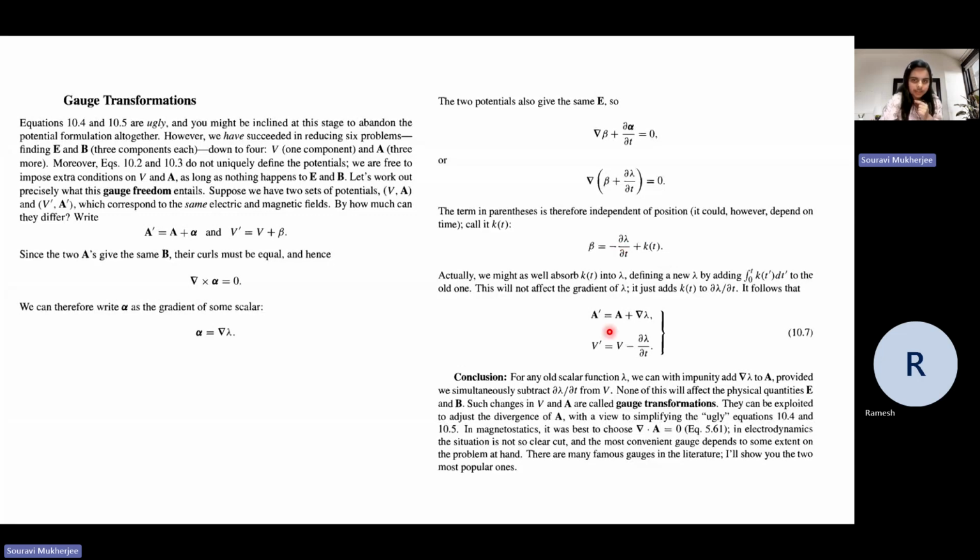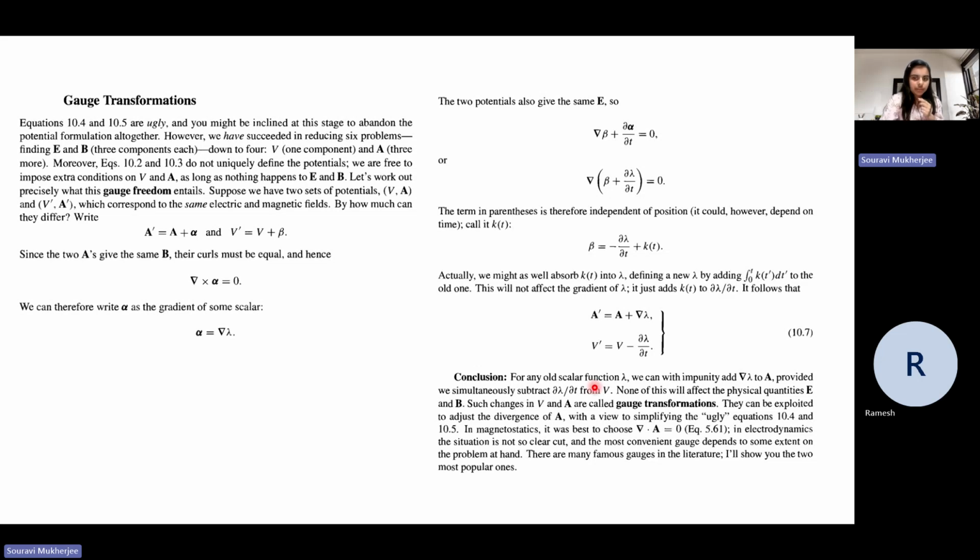That means you can have different sets of vector and scalar potentials which differ by forms like this: the gradient of some scalar added to the vector potential, and the time derivative of that scalar added to the scalar potential. Both pairs of potentials, A, V and A prime, V prime, will correspond to the same electric and magnetic field.